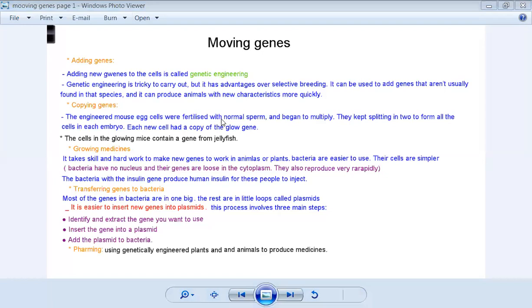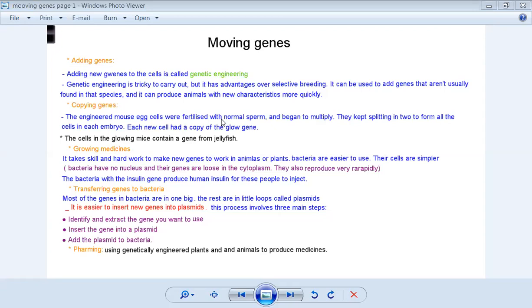It's okay. So we were talking about adding genes to animals or plants to improve the offspring. They can take new genes, extract them and inject them. This is called genetic engineering. So genetic engineering is adding new genes to cells.